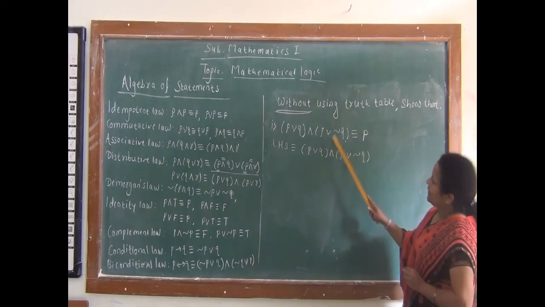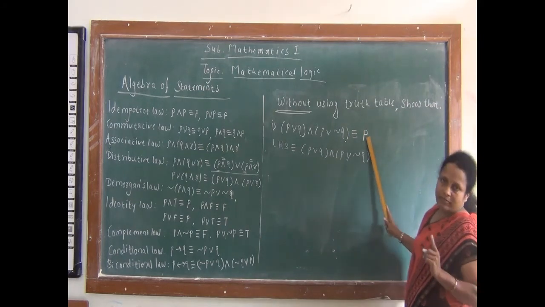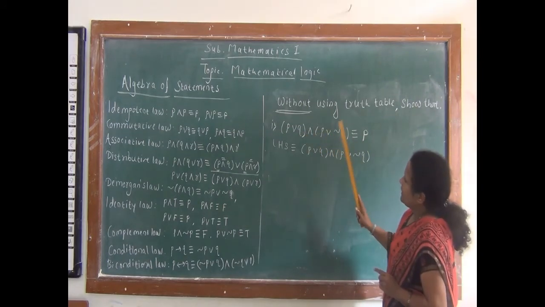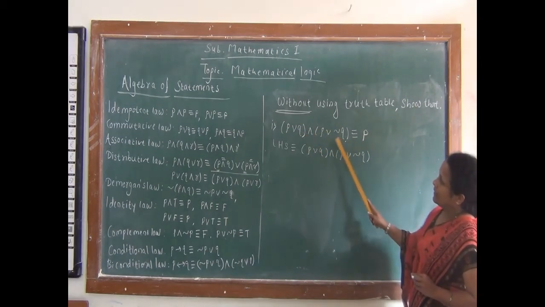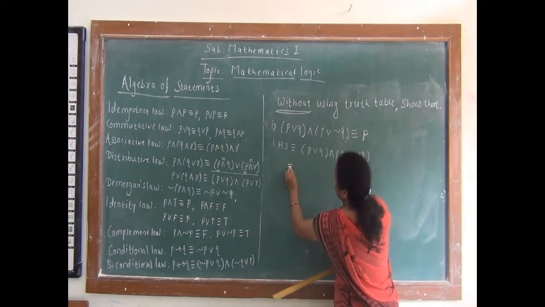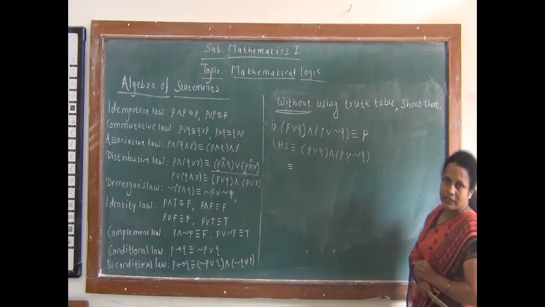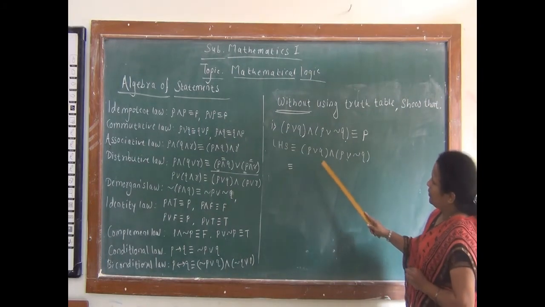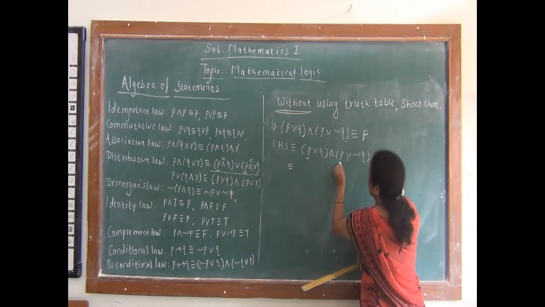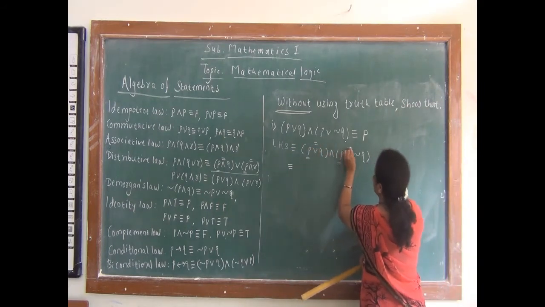If we observe this LHS and RHS, on the RHS there is only one statement, so we have to simplify this LHS such that these statements get reduced to only one statement, P. To simplify this LHS, first we observe our statement pattern. Here we have two brackets and in both brackets the P statement is common. Again the common symbol is OR.